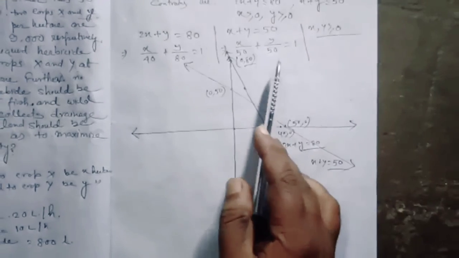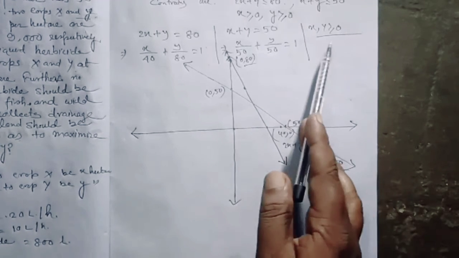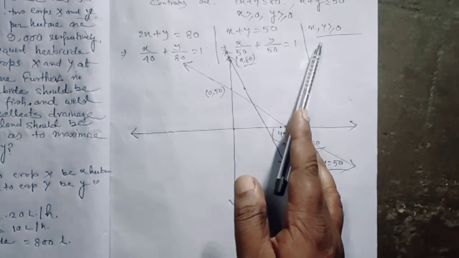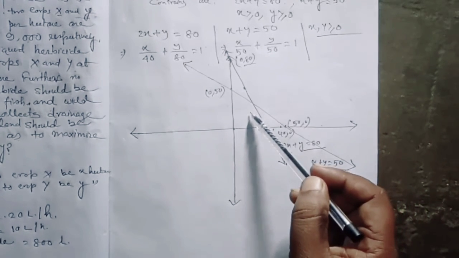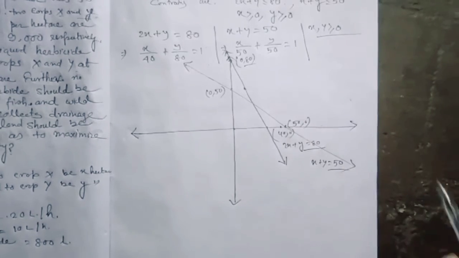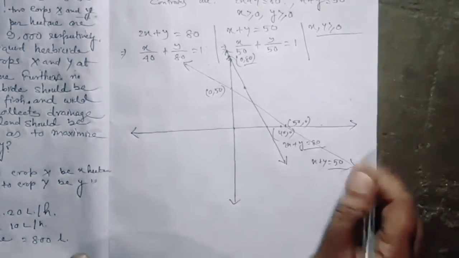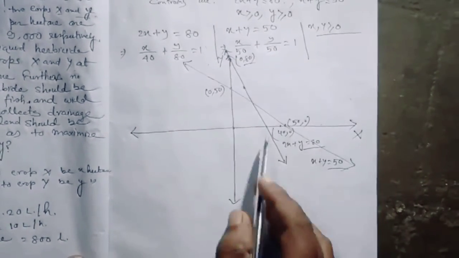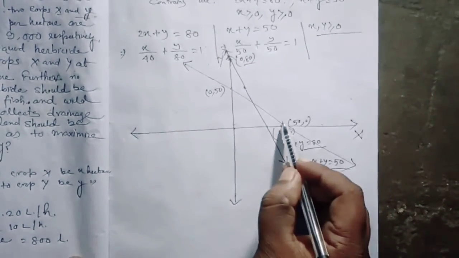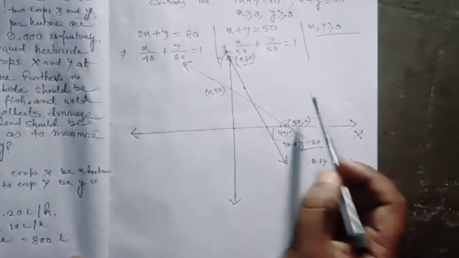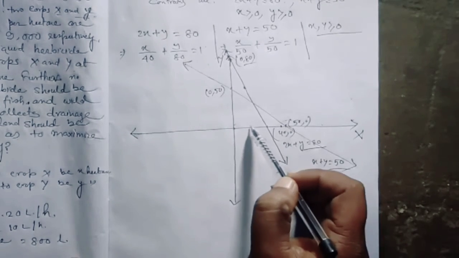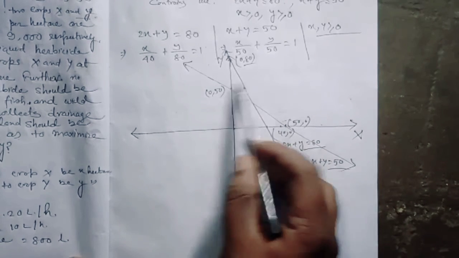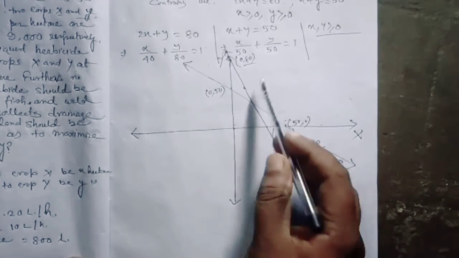Next, x greater than or equal to 0 means this region, and y greater than or equal to 0 means this region. This is x, this is y.